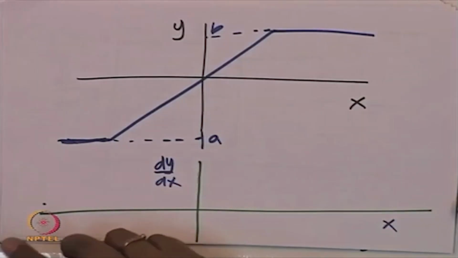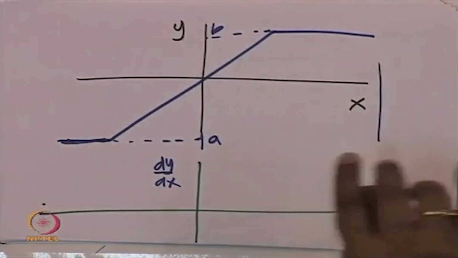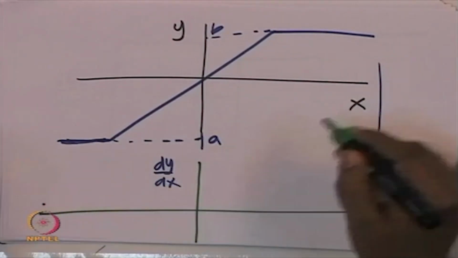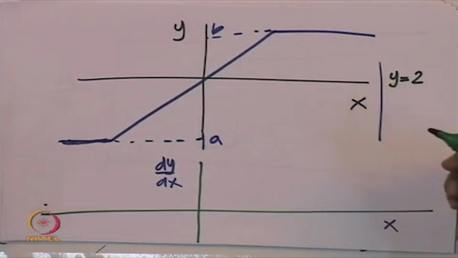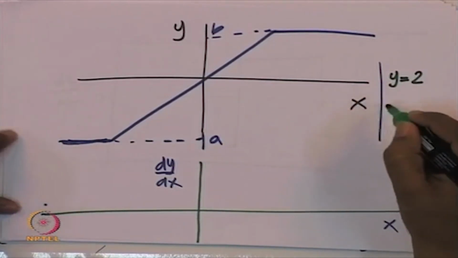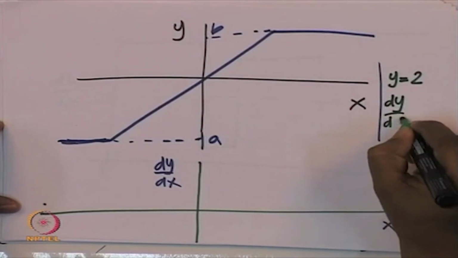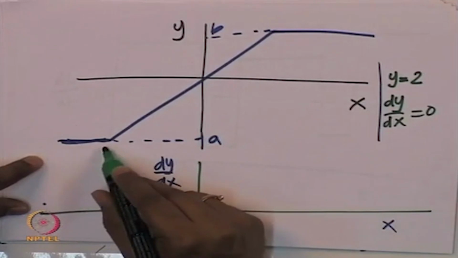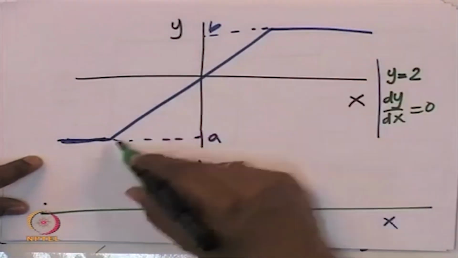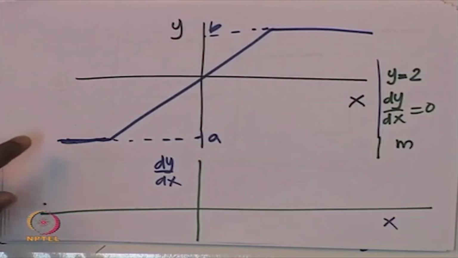Let us do some calculations in the margins here. First it is a constant, so this is y is equal to 2 or y is equal to 3, and the derivative dy by dx is 0 for a constant. So, here the slope has to be 0. Here it is a straight line, so the slope is a constant, some number m.